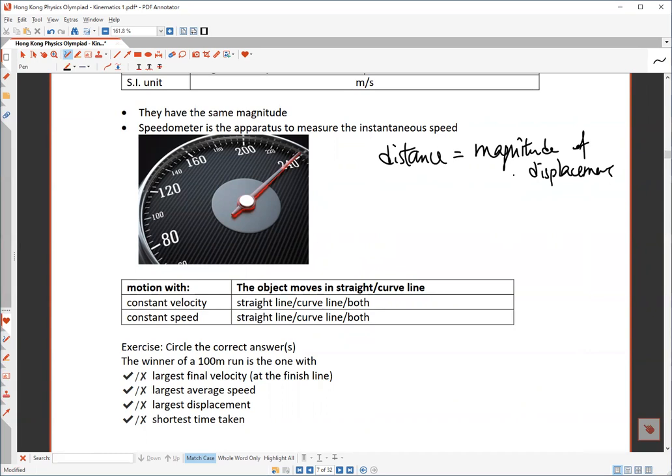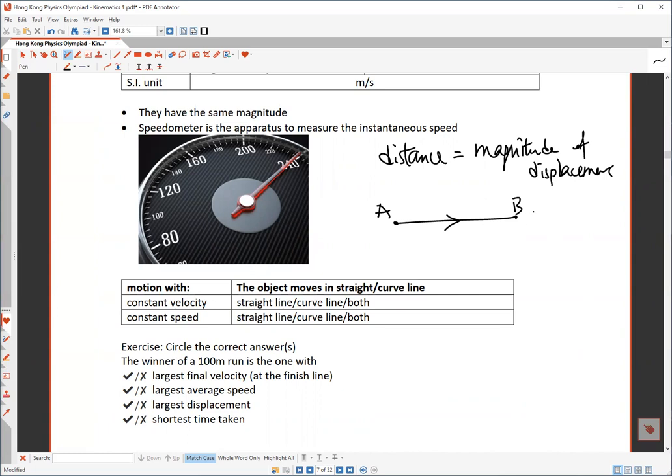If the object is moving, it's always moving in the same direction, along a straight line, of course, in the same dimension, then the distance traveled will be equal to the magnitude of the displacement.